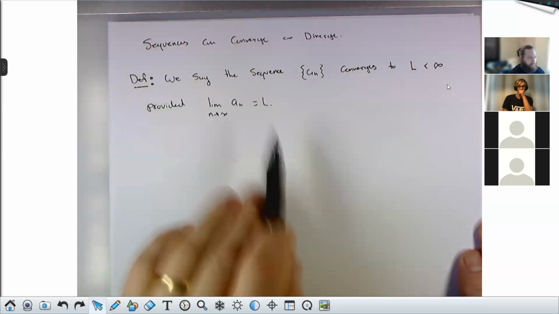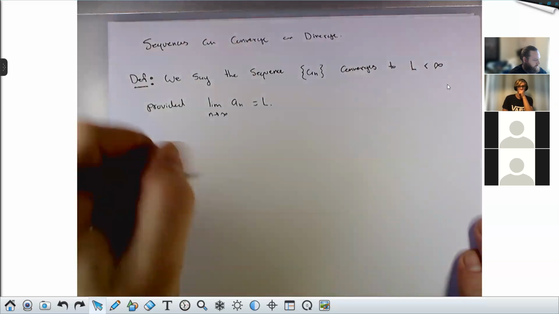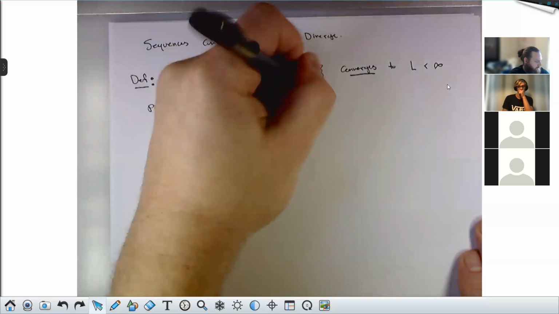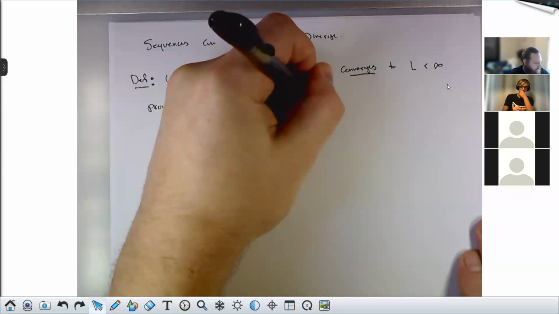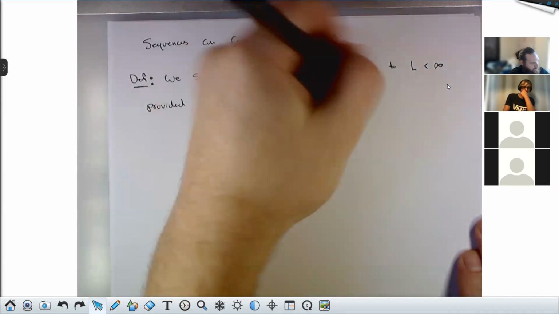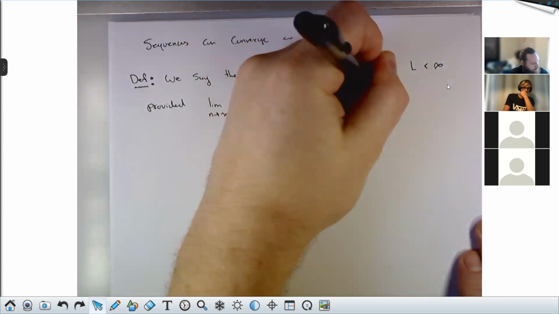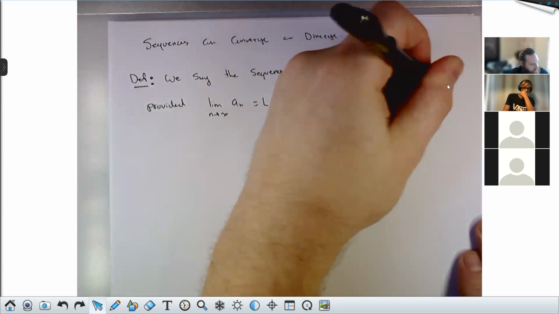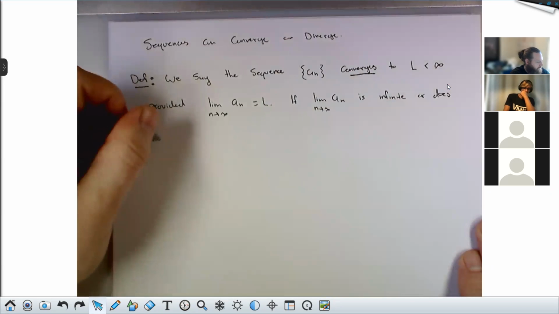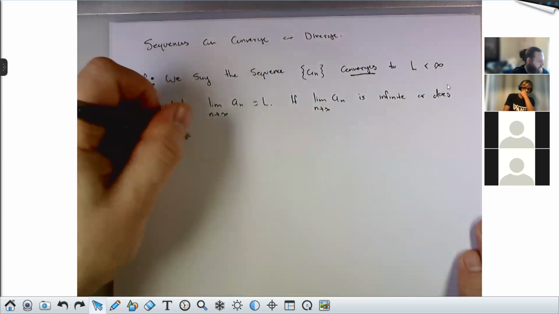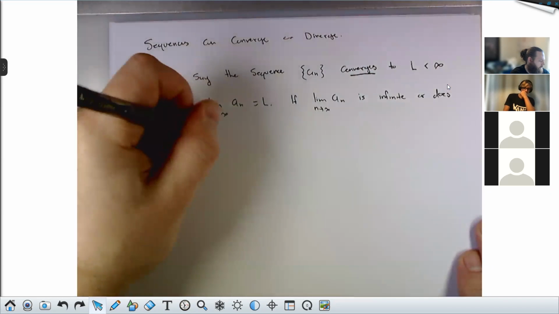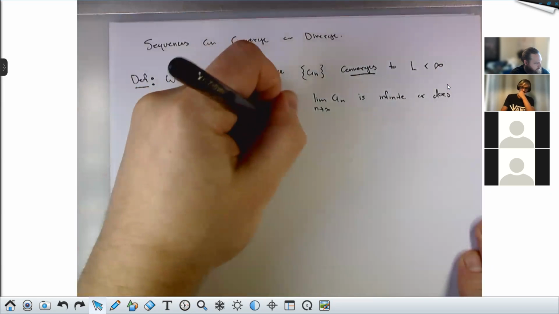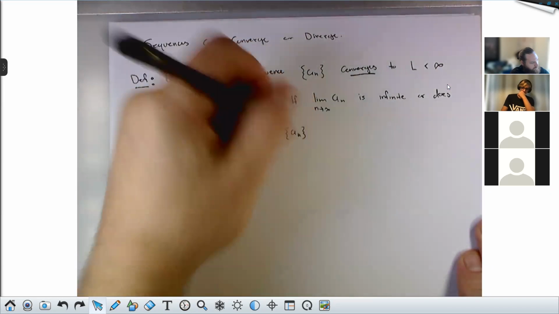If that limit is infinity or that limit does not exist, then we say that the sequence a_n diverges.